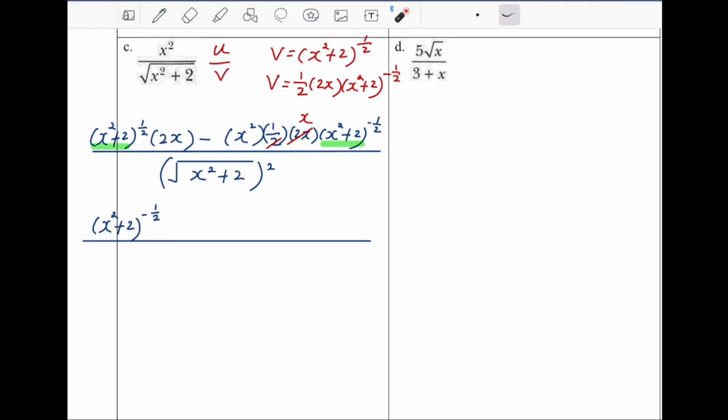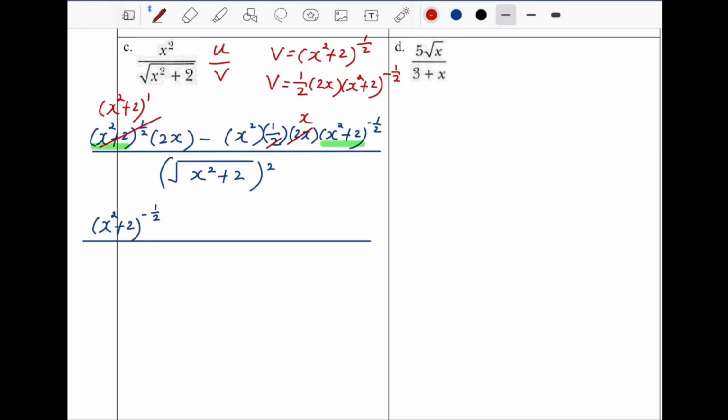Okay, let's do the factorization. This divided by this, 1 over 2 minus negative 1 over 2 equals 1. So the power will be 1. So when I factorize this, it will be x squared plus 2 power 1.